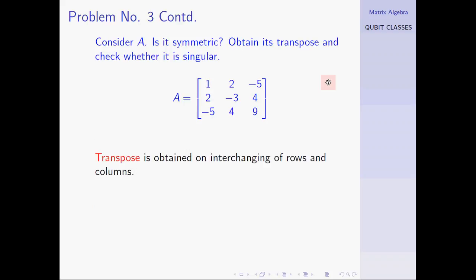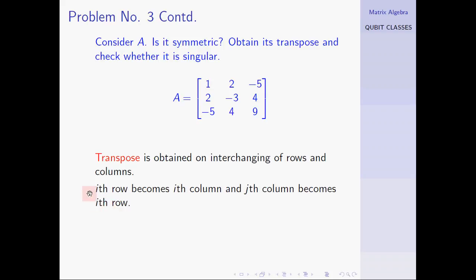The transpose of a matrix is defined as the matrix obtained on interchanging the rows and columns of that matrix. So the transpose of A will be a matrix whose rows will be equal to the columns of A and whose columns will be equal to the rows of A. Thus, the first row will become the first column and the first column will become the first row.